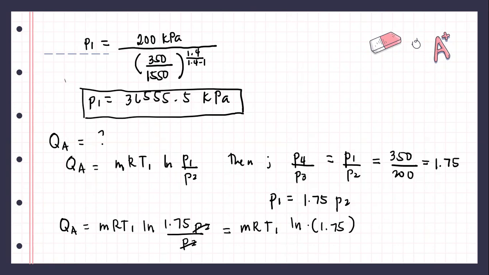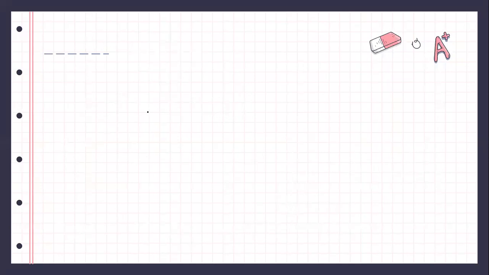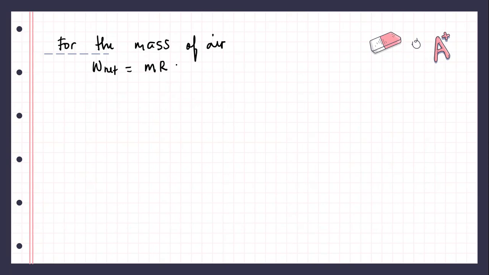Now we have the equation MRT1 ln 1.75 for the heat added, but we don't have the value of your mass. Therefore, we have to look for the mass. Let us use the formula for the mass of air: network is equal to MR T1 minus T4 ln P1 over P2.